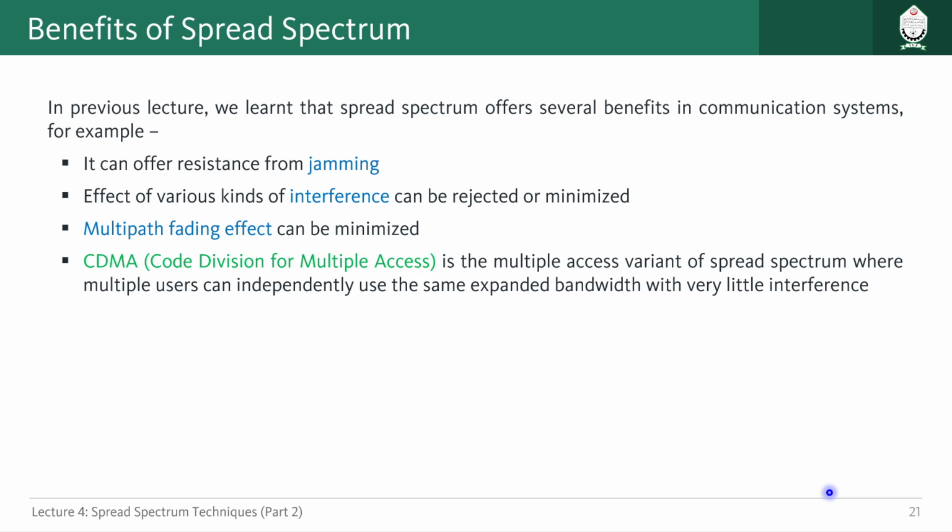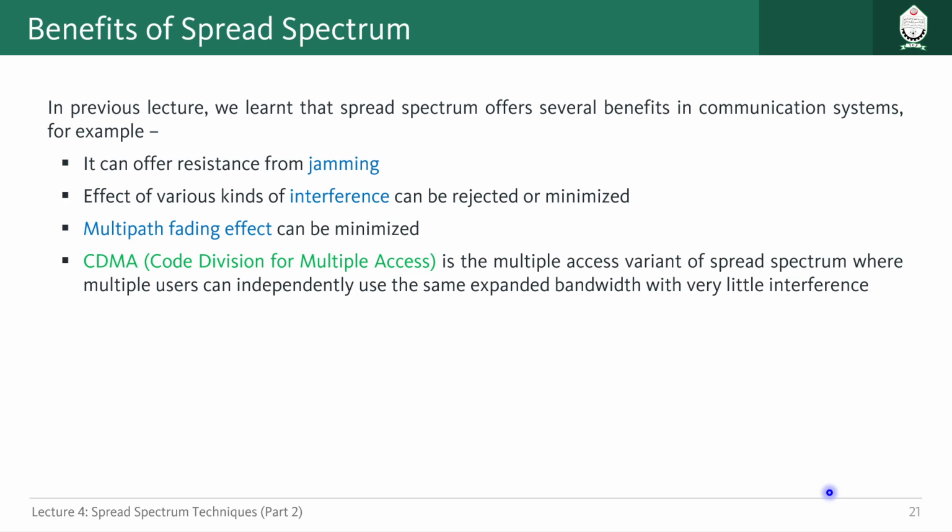And finally we talked about CDMA, or code division multiple access, which is just a variant of spread spectrum commonly used in our mobile communication systems. In the previous lecture we just briefly talked about these benefits, but we still don't know how these benefits are offered by spread spectrum, how actually these things are implemented, right?